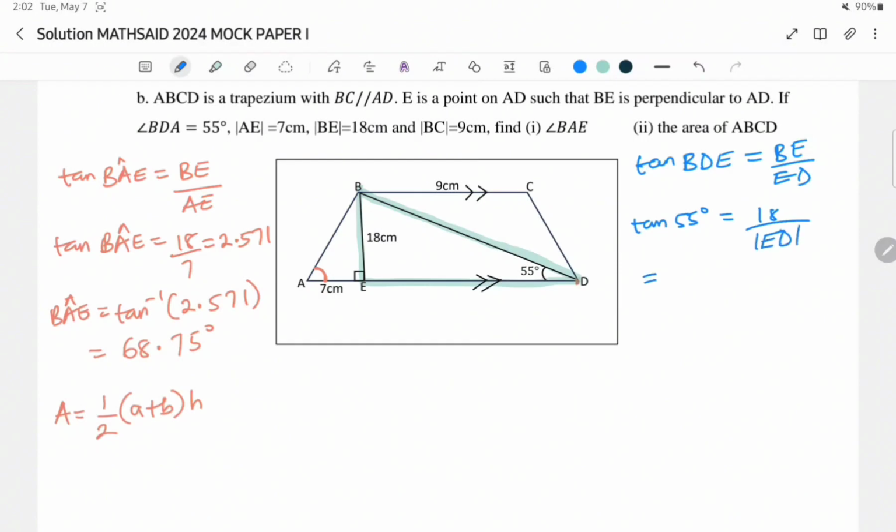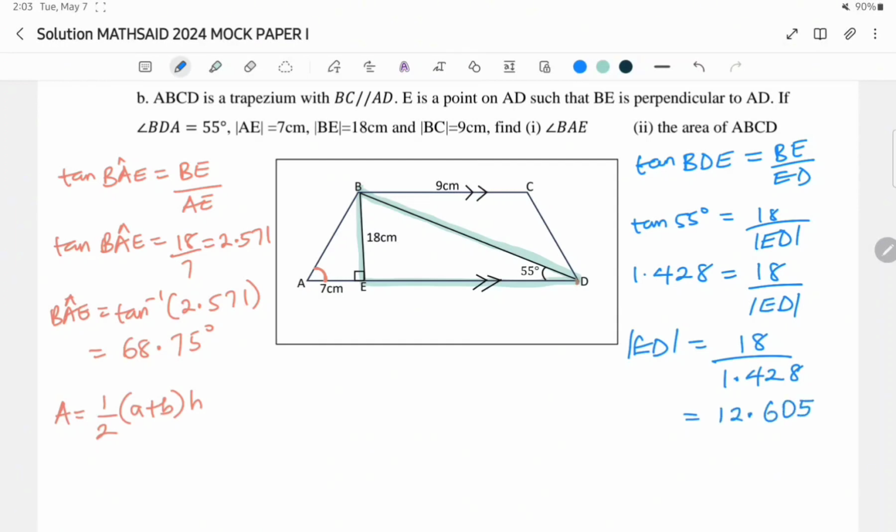So that means tan 55 is actually equal to 1.428, equals 18 divided by side ED. That means side ED will be equal to 18 divided by 1.428, and that will be equivalent to 12.605. Now that we know what side ED is, we can now calculate the entire length of AD, which is the second parallel side, right?